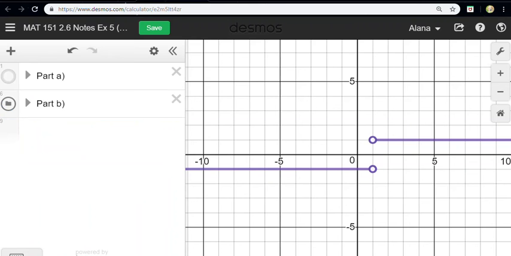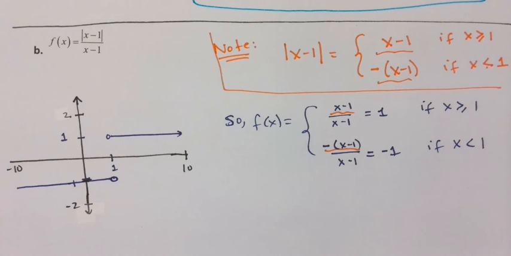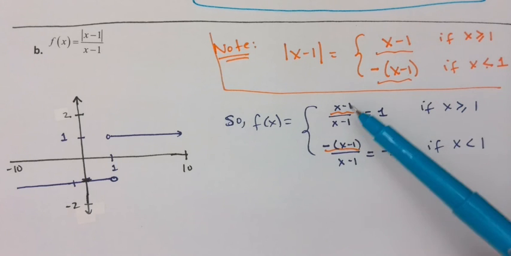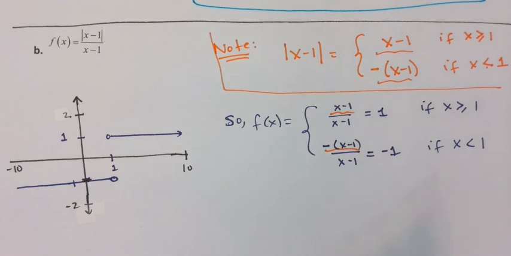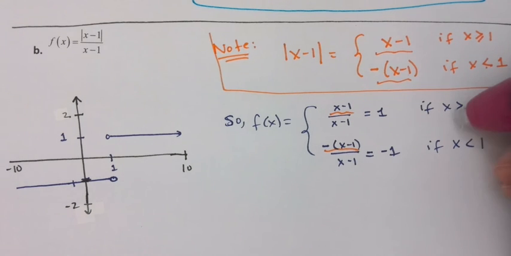Actually, it looks like for this particular one, the way I've defined it, I would have an open circle, and the reason I'm going to have an open circle on both of them is exactly what we're trying to get at, because this definition is fine with the greater than or equal to 1 for absolute values, but not for when you're dividing, because when you're dividing, we've got to be a little bit more careful because 1 itself is not in the domain.